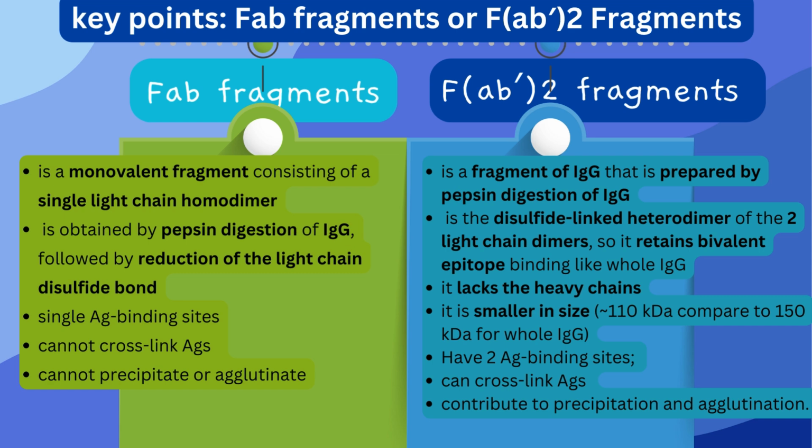And in consideration of the size, of course, the Fab fragment is smaller due to the cleavage of one antigen binding arm, while the Fab2 fragment is larger because it contains both antigen binding arms and the hinge region.